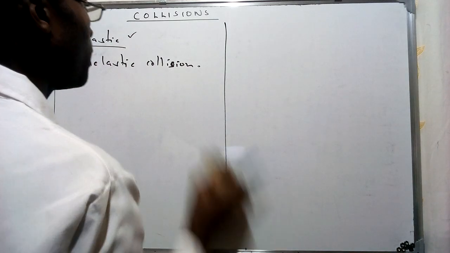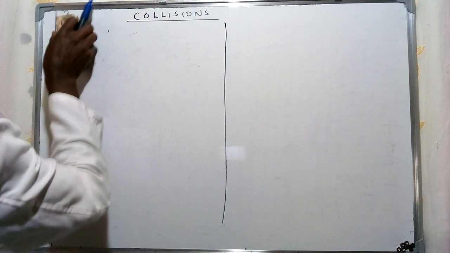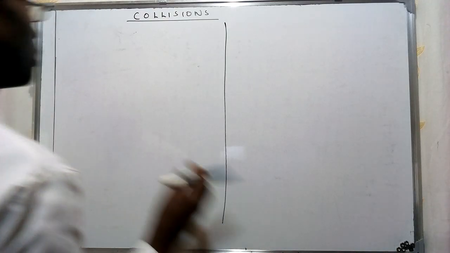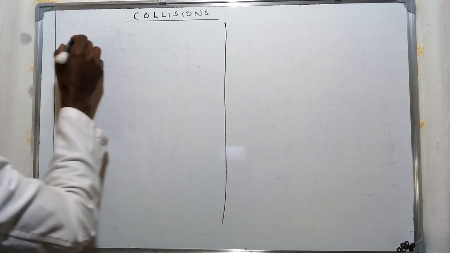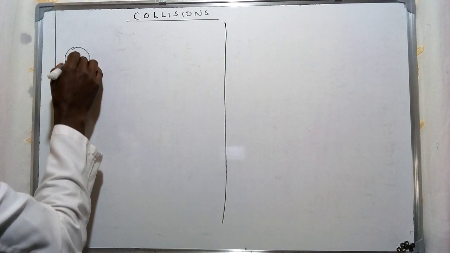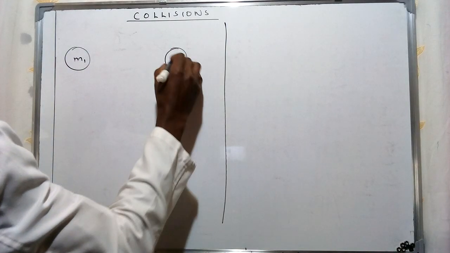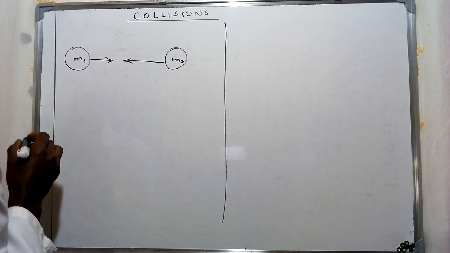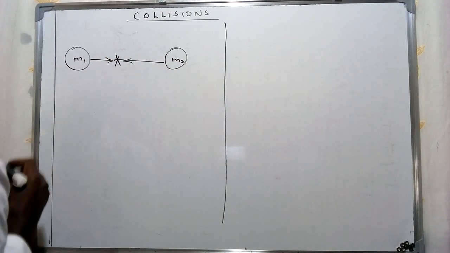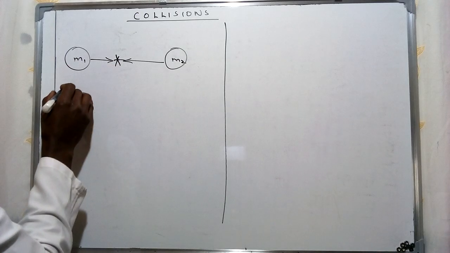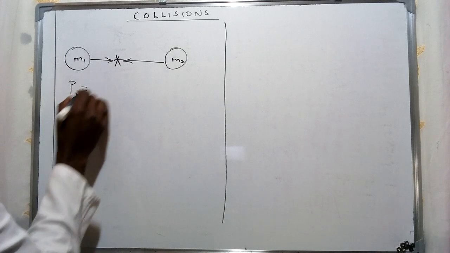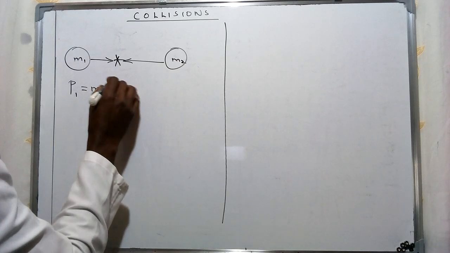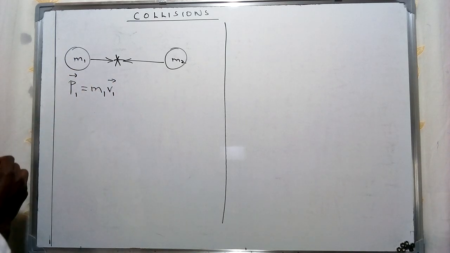In our previous discussion, I mentioned that one of the characteristics of elastic collision is that energy is conserved, with no loss of energy. So if we have two bodies of masses m1 and m2 undergoing a collision, we can give the momentum of the first mass in terms of its mass and velocity.